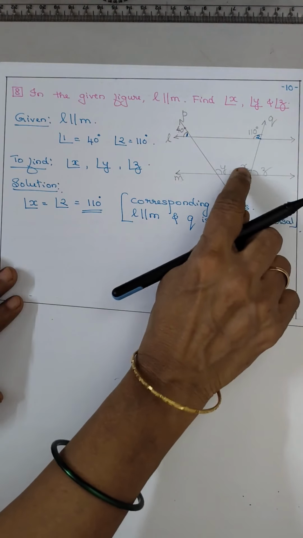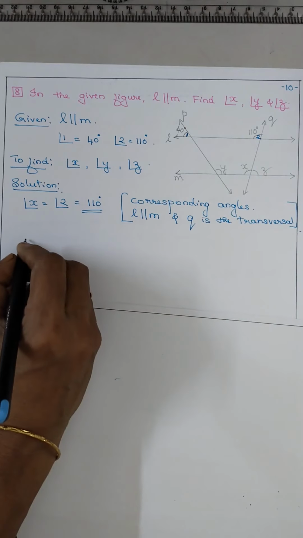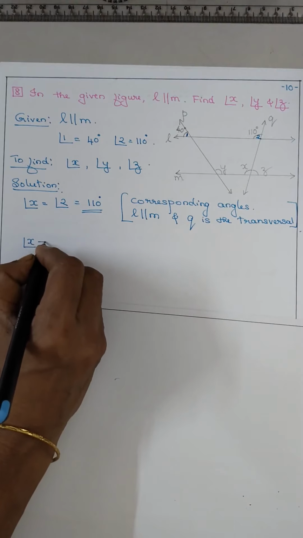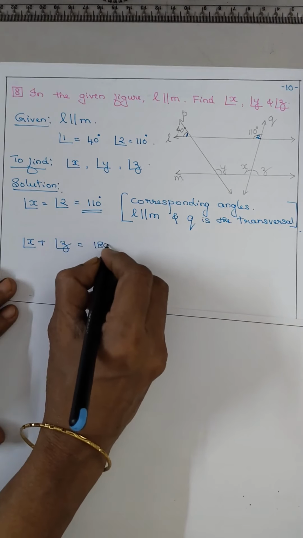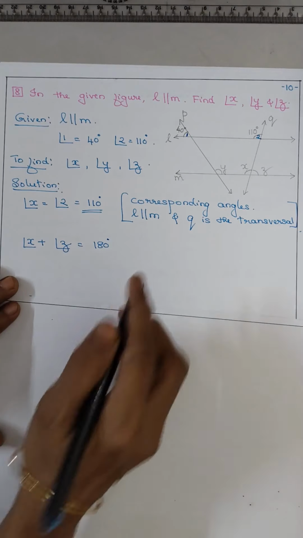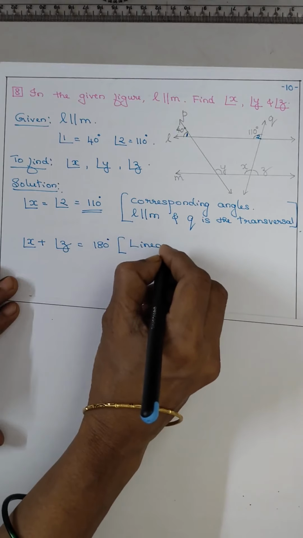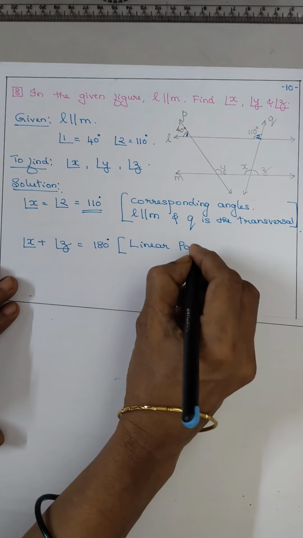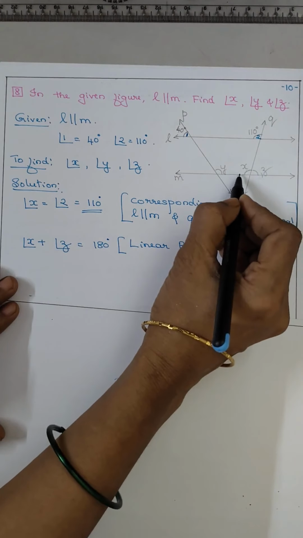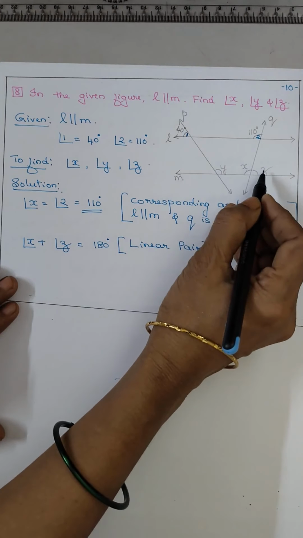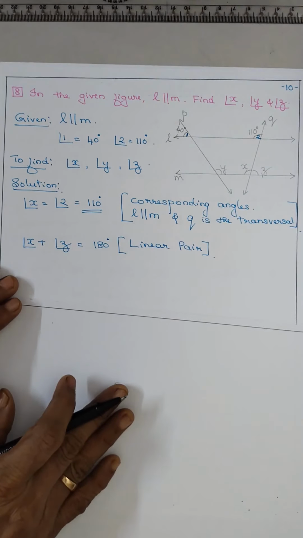Can you find out? X plus Z is equal to 180. The easiest one. Angle X plus angle Z is equal to 180 degrees. What is it? The linear pair. The same line, adjacent angles, they form 180 degrees, then it is a linear pair.